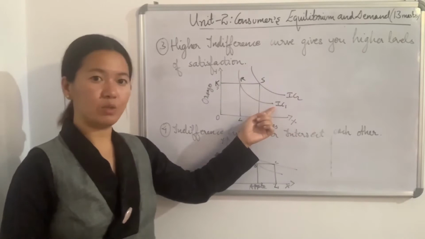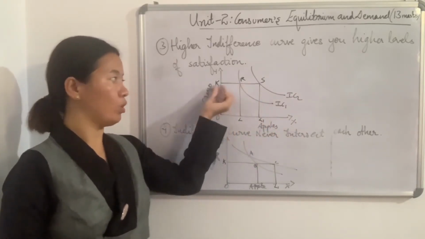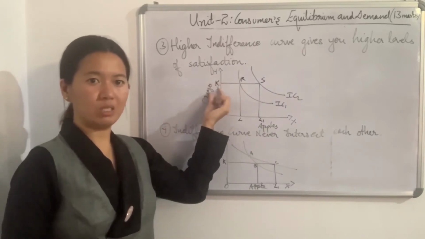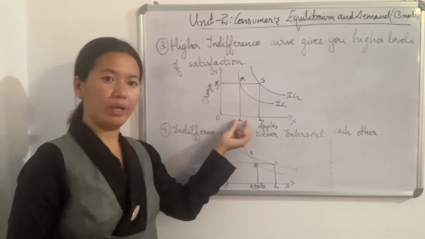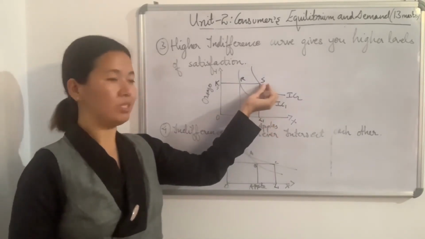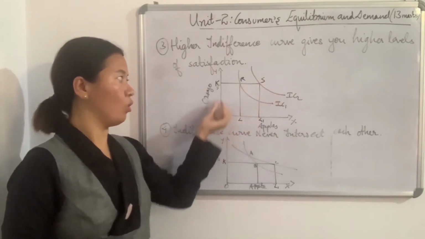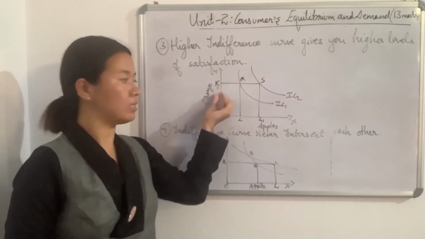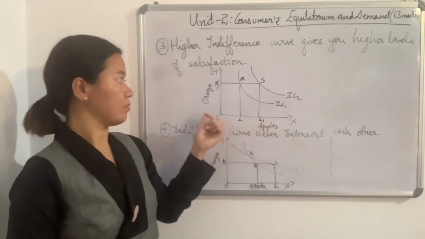On IC1, we have point R, which consumes OK level of good 2, that is orange, and OL amount of good 1, that is apple. And on point S, that is on IC2, it consumes OK amount of oranges and OL1 amount of apples.